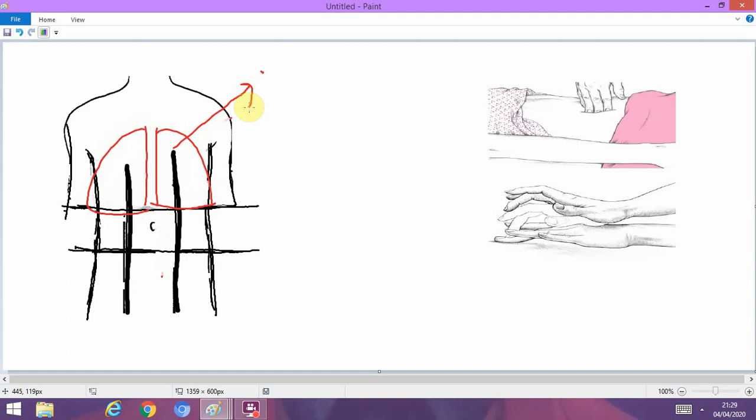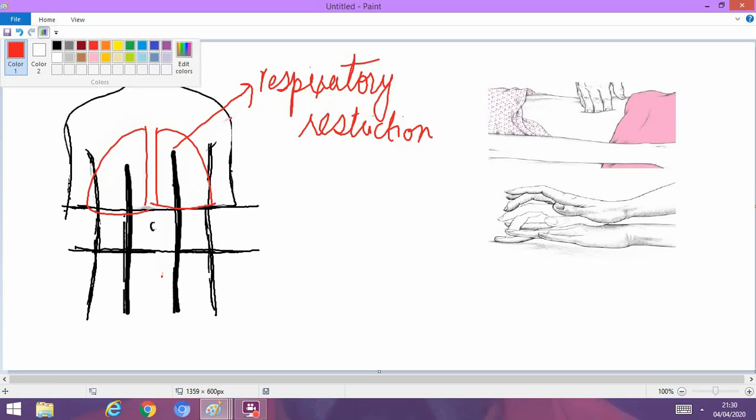You will see respiratory restriction. Now, why does respiratory restriction happen? Whenever an ongoing infection is there in the abdomen, it will restrict the normal movement of the lungs, and that is why you're going to see this restriction. That is something you will observe on just a look at the patient.